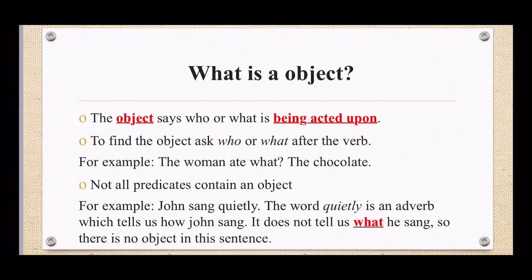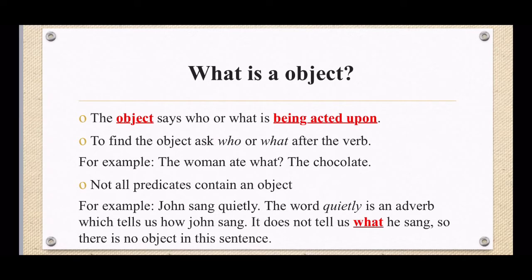Now, one thing that's important to note is not all predicates contain an object, right? For example, John sang quietly. The word quietly is an adverb which tells us how John sang. It does not tell us what he sang.